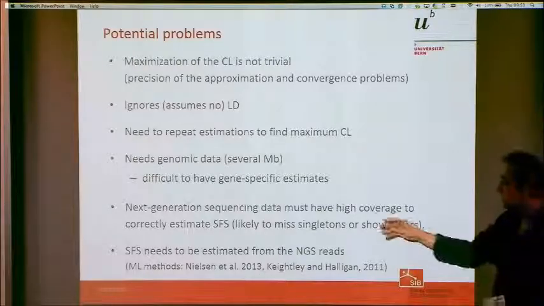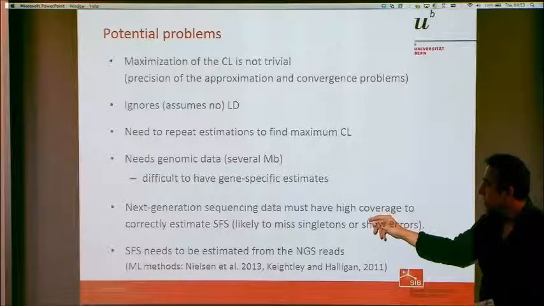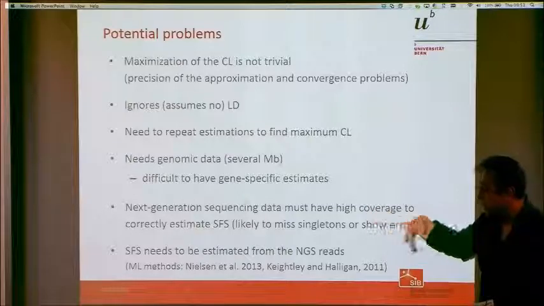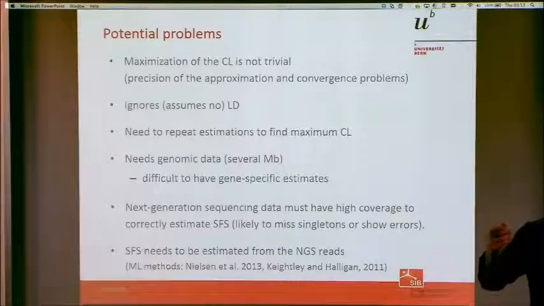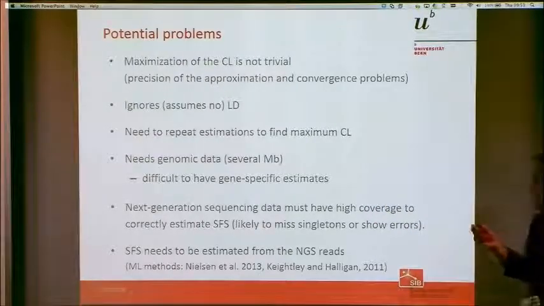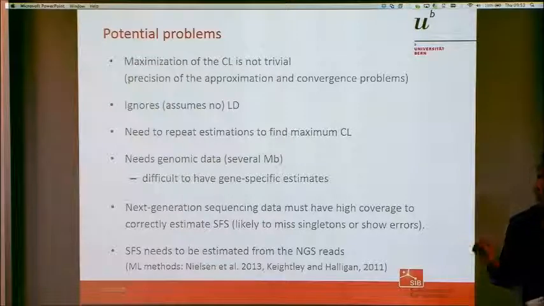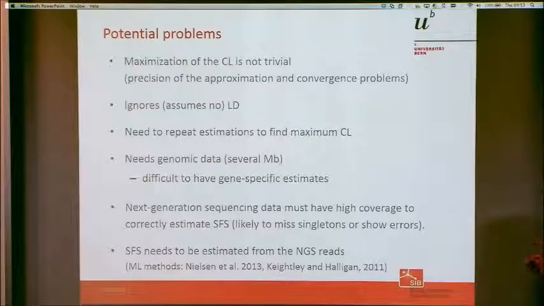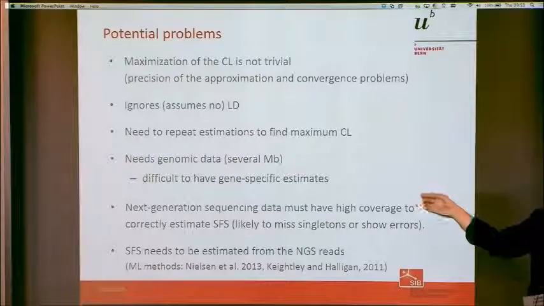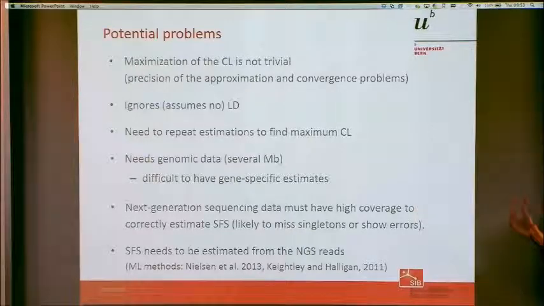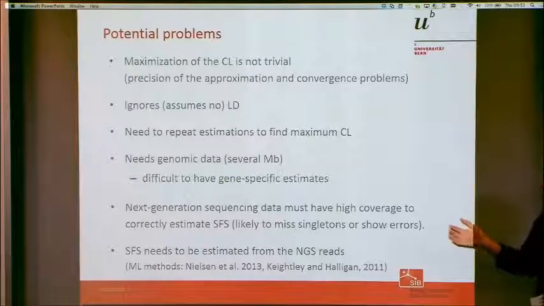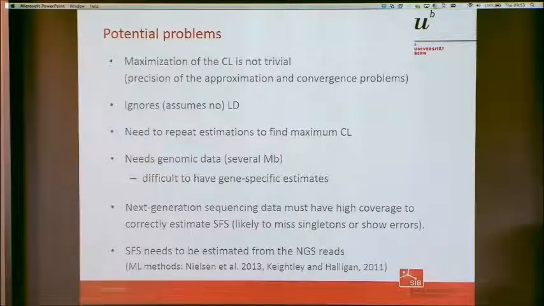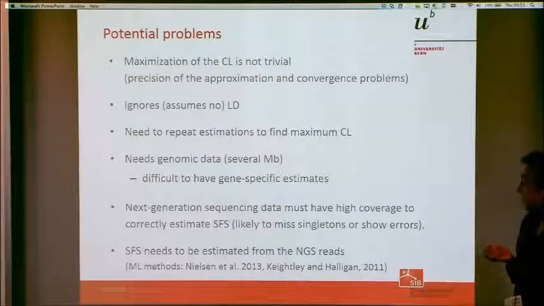Then another very important problem is that I said it's good to have next-generation sequencing data, but sometimes if you have low coverage, then you tend to underestimate the low-frequency variants. I showed you that in some cases these low-frequency variants have precise signatures for some demographic scenarios, so if you miss those low-frequency variants, then you are likely to have wrong inferences about the past history of your populations.